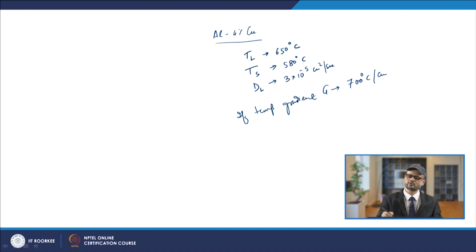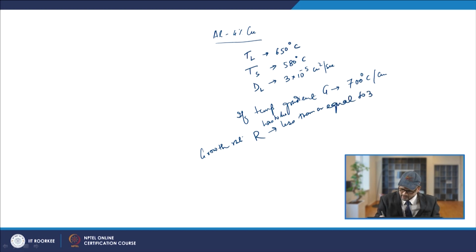If you calculate R, that is your growth rate, the growth rate has to be less than or equal to 3 into 10 raised to the power minus 4 centimeter per second in order to have the planar mode of solidification.